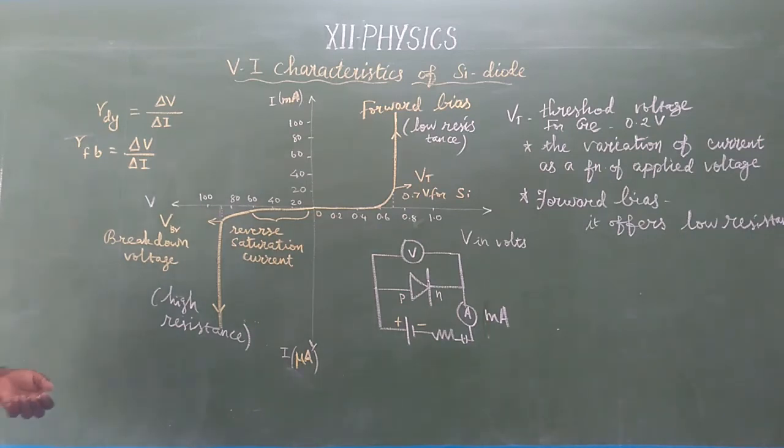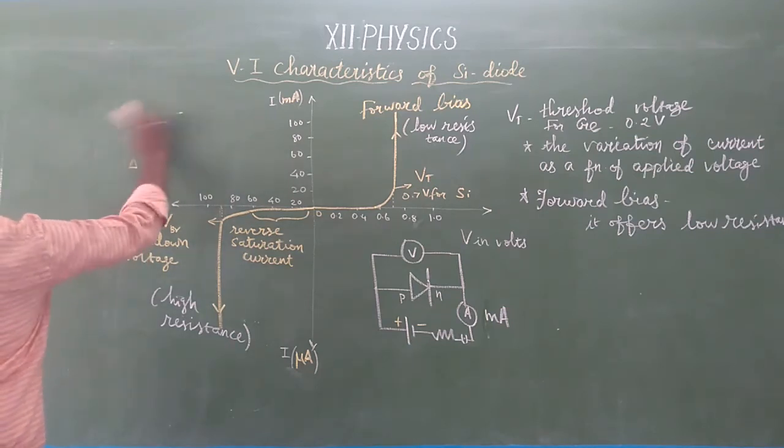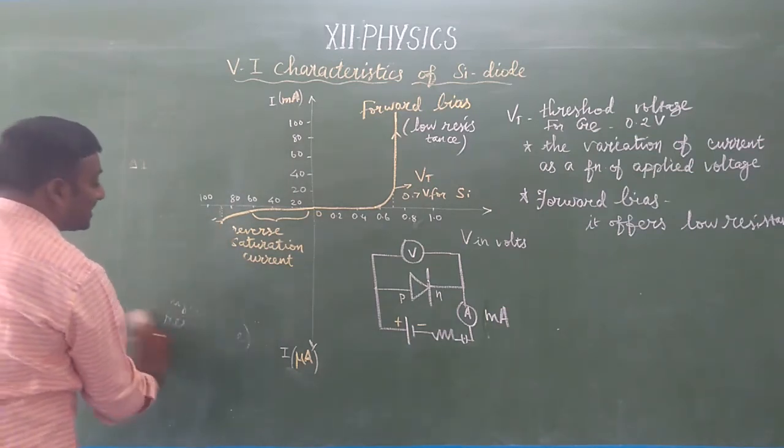Now we are going to see how a junction diode is used in different appliances. Mostly it is used as a rectifier.